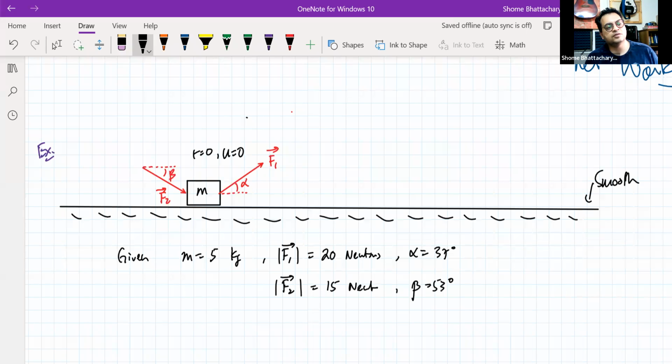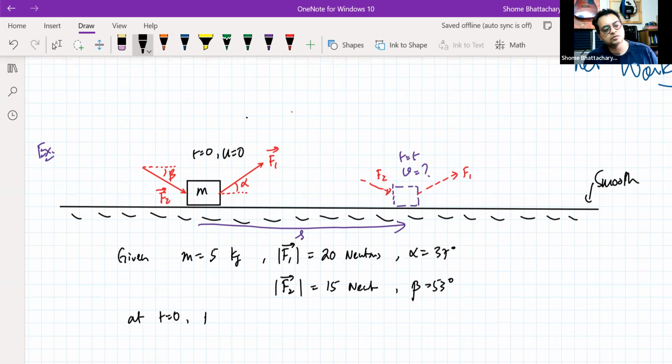Okay. Now after some time, the block has reached here. At some time t, its velocity we have to find out, where we know the displacement from here to here. And while this block is moving, we are continuously applying these forces. So initially, at t equal to 0, the block was at rest.